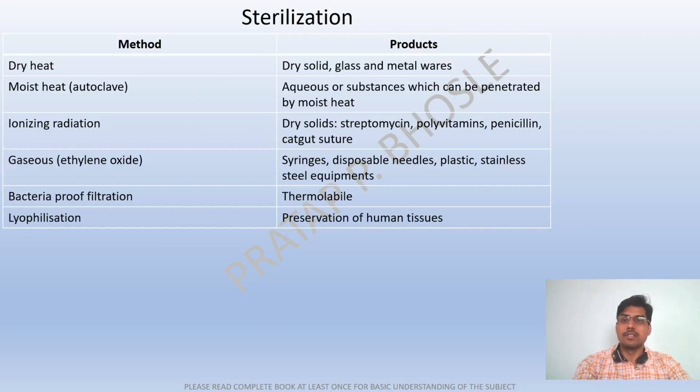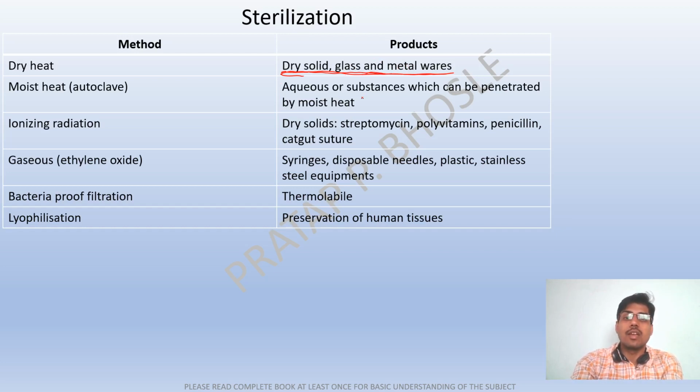In the sterilization methods: dry heat for dry solids, glass, metal ware. ये बहुत बार क्वेश्चन आ सकता है कि कौन से प्रोडक्ट किस मेथड से स्टरलाइज करते हैं, है ना? The metal ware, surgical instruments. सर्जिकल इंस्ट्रूमेंट जो है वो मॉइस्ट हीट से है, राइट?